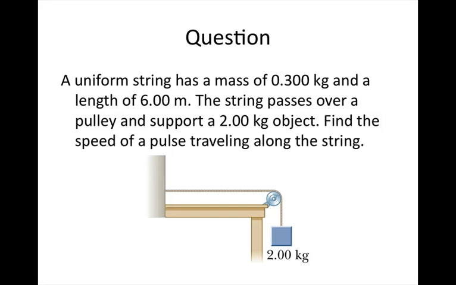Here's an easy question to practice using this formula. A uniform string has a mass of 0.3 kilograms and a length of 6 meters. The string passes over a pulley and supports a 2 kilogram object. Find the speed of a pulse travelling along the string. Okay, so we're going to be using our equation v is equal to the square root of T over mu.